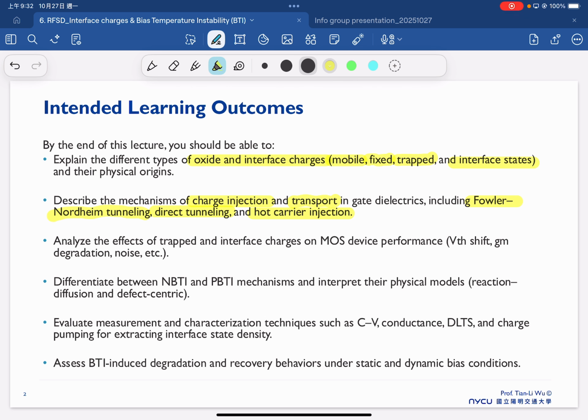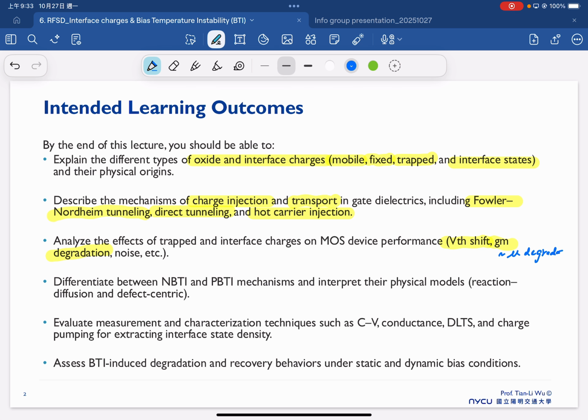Especially we are interested in the threshold voltage shift and the transconductance degradation, because in the end the transconductance degradation is related to the mobility degradation. And also we will talk about the difference between NBTI and PBTI.